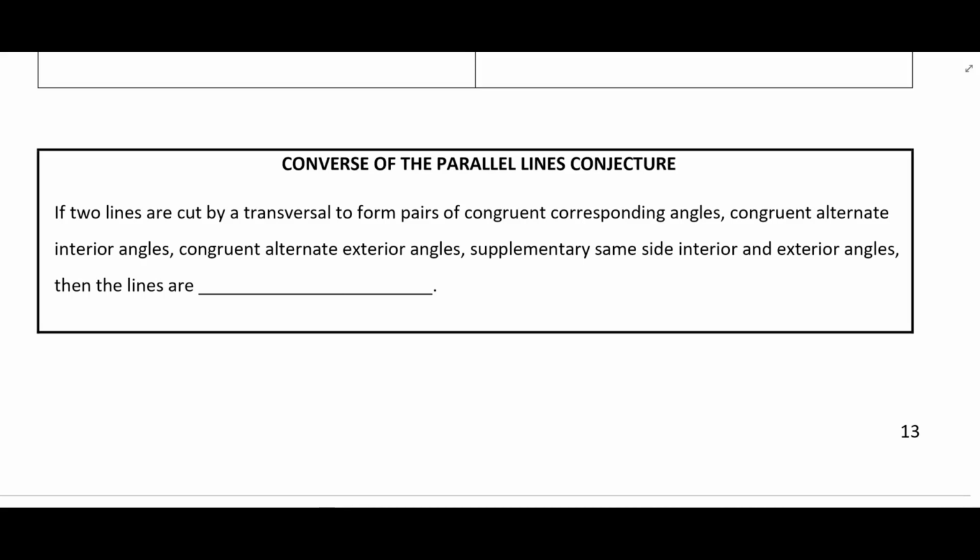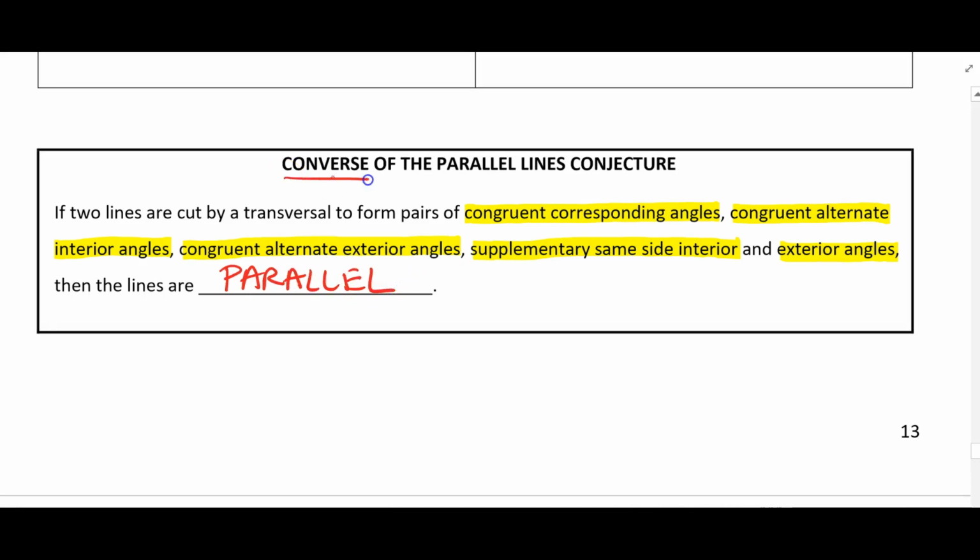If two lines are cut by a transversal, notice that they're not parallel yet, to form a pair of congruent corresponding angles, congruent alternate interior angles, congruent alternate exterior angles, supplementary same side interior and exterior angles, then the lines are, so now we know if any of these conditions are true, the lines have to be parallel.